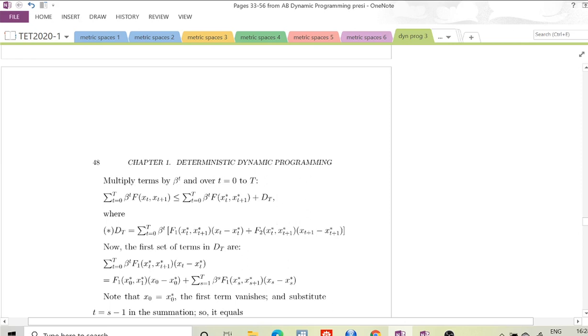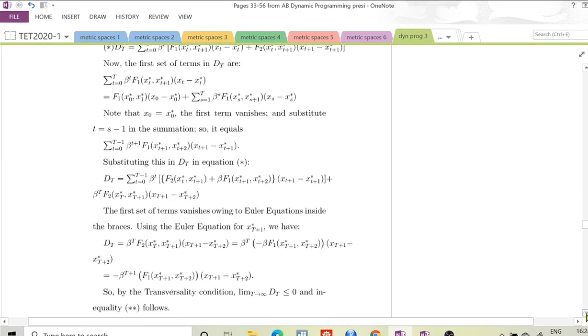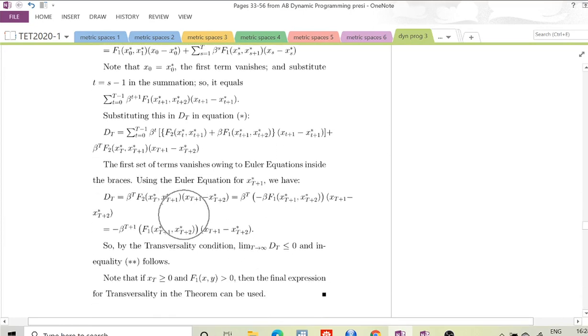And we said that if we do a little bit of rearranging, then everything but the last term vanishes because Euler equations are satisfied along the path x tilde star, right? And the last term can be written as this discounted term, right?